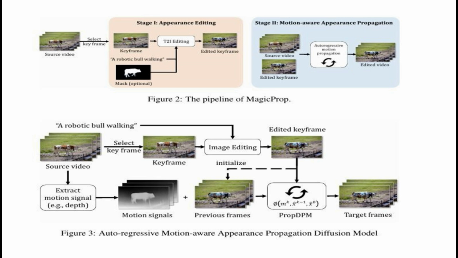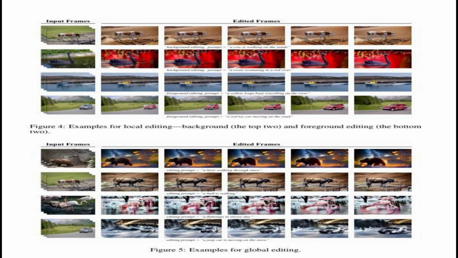The process starts with editing a single frame using advanced image manipulation technique. Then a conditional generative model propagates these changes across all frames without disrupting motion flow, and an additional enhancement in MagicProp is region-based edit tracking, which allows precision modification to specific objects without affecting unrelated areas of the video.